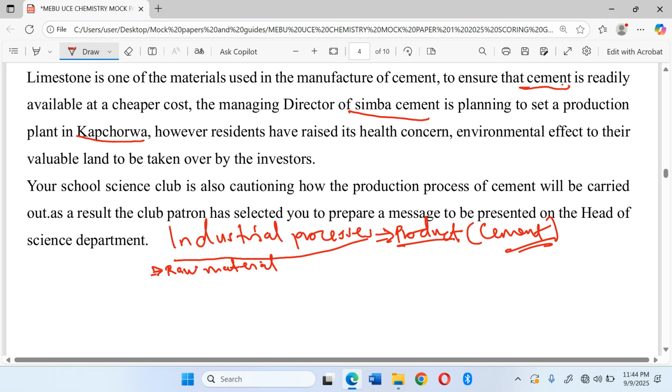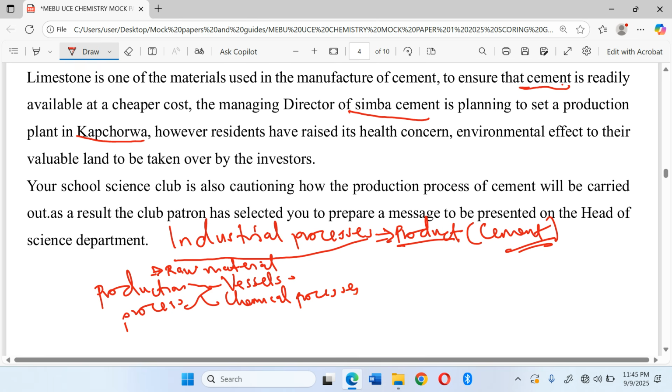After knowing the raw materials in the production process, we want to see the vessels identified, the vessels that we're going to be using. Identify the chemical processes that are taking place.